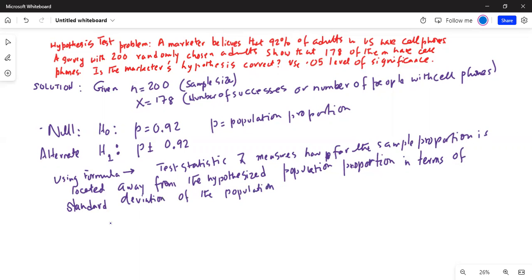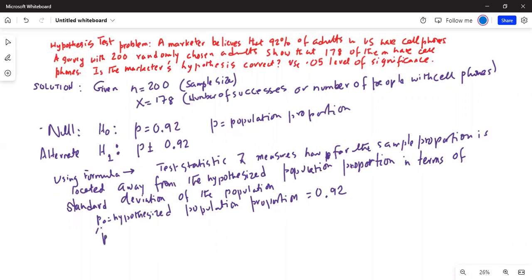Okay. So P0 is the hypothesized population proportion, and that is equal to 0.92.